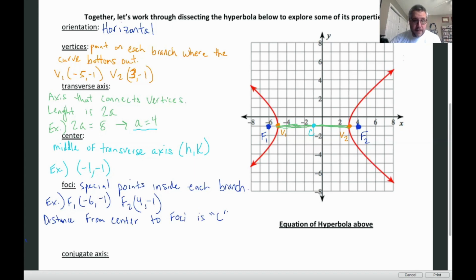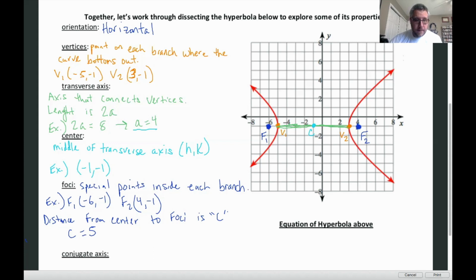In this particular example, from the center to either focus, it would be 1, 2, 3, 4, 5 paces, or from this one, 1, 2, 3, 4, 5. So c equals 5 in this example.